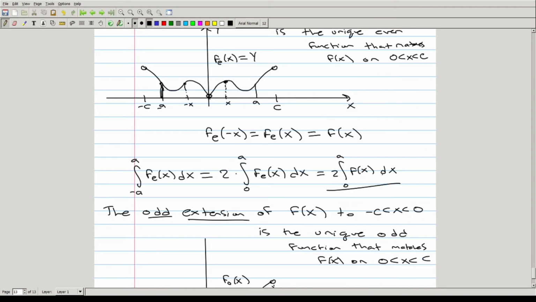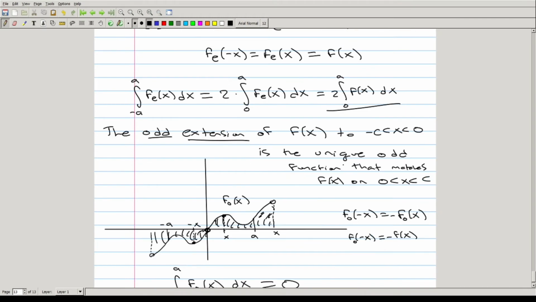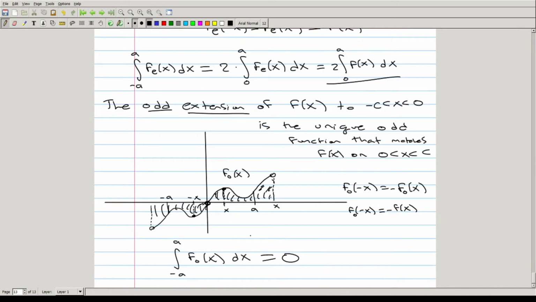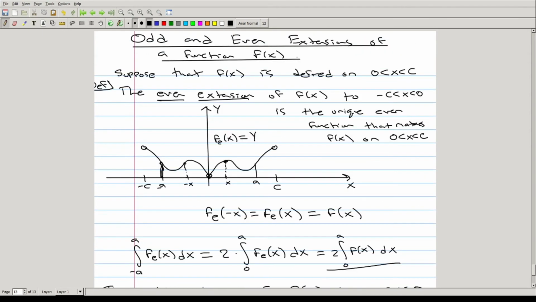These are two very, very important simplification formulas when you're going through and calculating coefficients for Fourier series that are very, very useful.